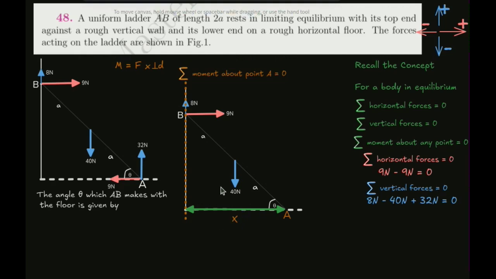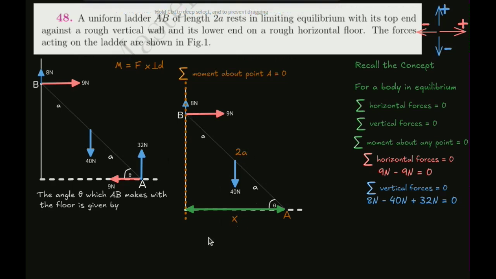Okay, we can see that we have a right angle triangle with this side being the opposite, this side being our hypotenuse, and this missing side is our adjacent. So from trigonometric rule we can find our adjacent provided that we have the hypotenuse, and the hypotenuse here is simply 2a, which is the length of our ladder.